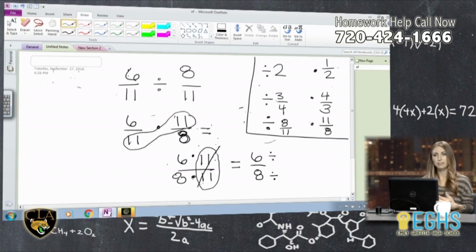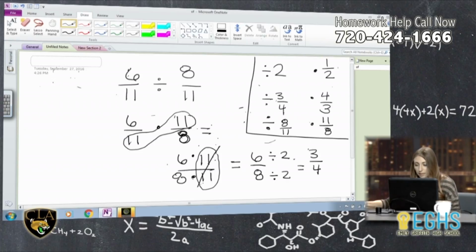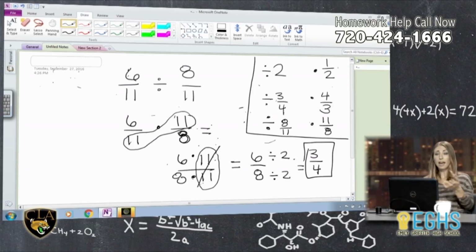The way we know that we can simplify is if the same number goes into both the numerator and denominator. So both of these numbers can be divided by 2, and we get 3/4 for our simplest answer. Which makes sense, again, because the question is how many 8/11 can fit into 6/11? Well, not the whole thing, just 3/4 of it.